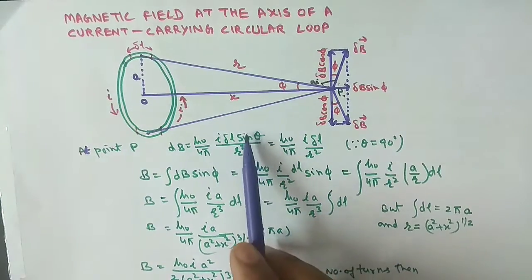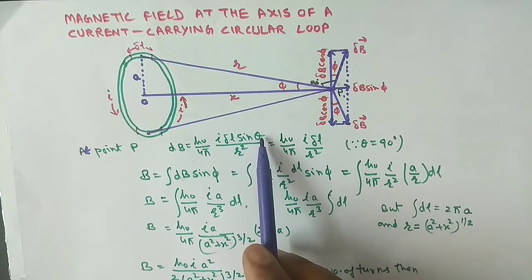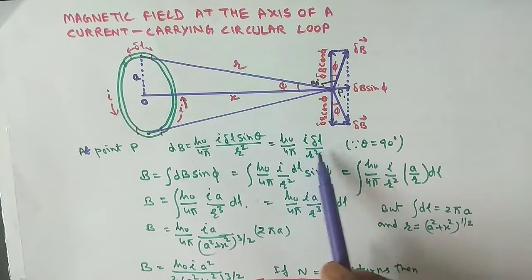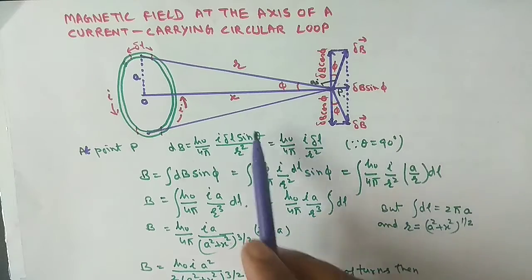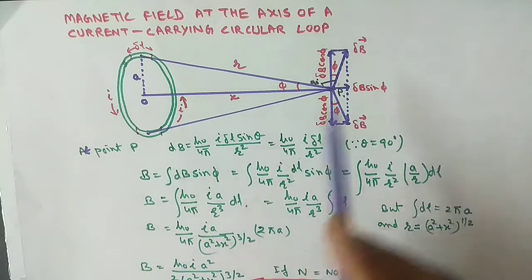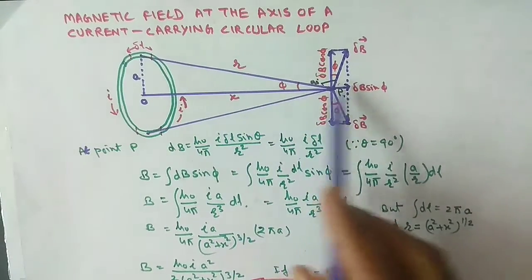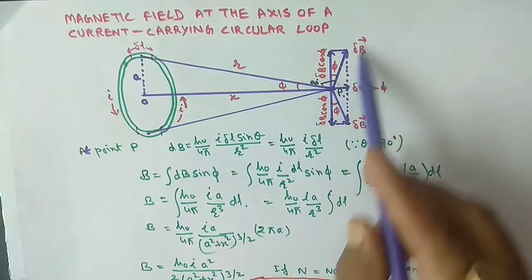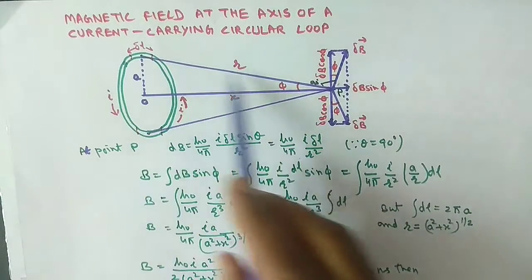So theta is equal to 90 degree, and sine 90 is equal to 1, so we get mu naught upon 4 pi I dL upon r square.